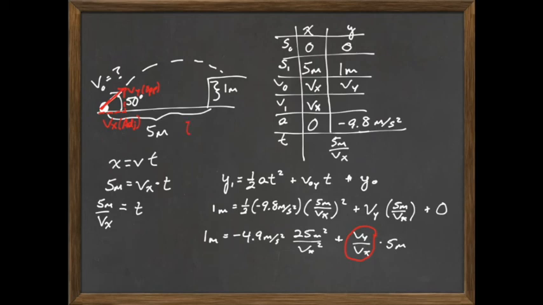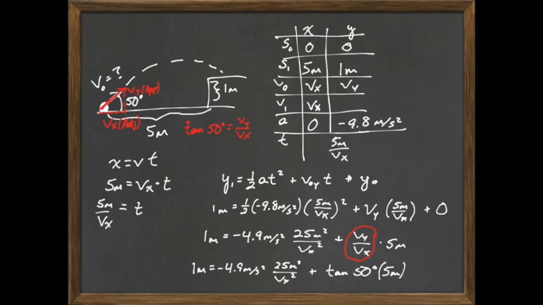It follows that the tangent of that angle, which is 50 degrees, is equal to the opposite over the adjacent. So what we actually have in our equation is 1 meter equals negative 4.9 meters per second squared times 25 square meters over Vx squared, plus the tangent of 50 degrees, oops, not plus, times 5 meters.